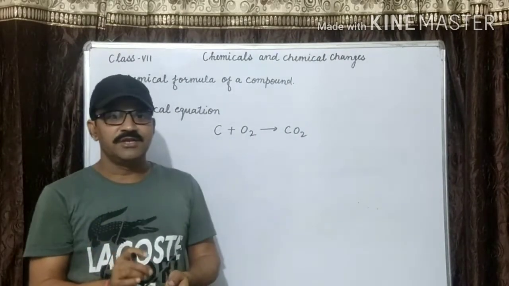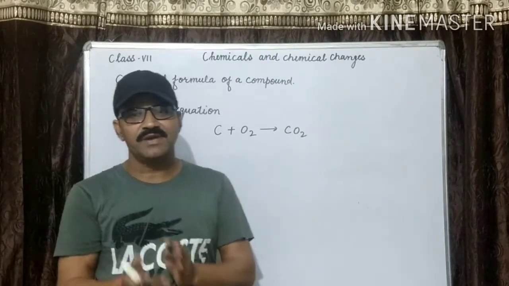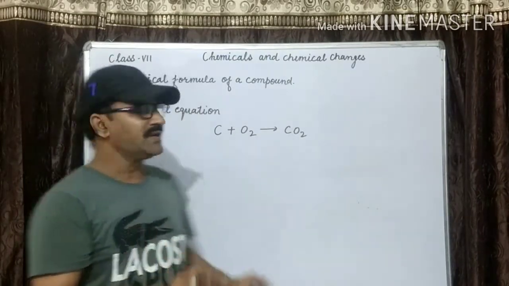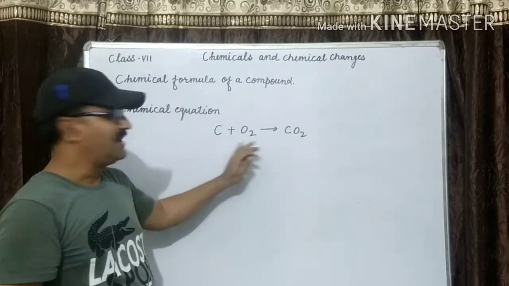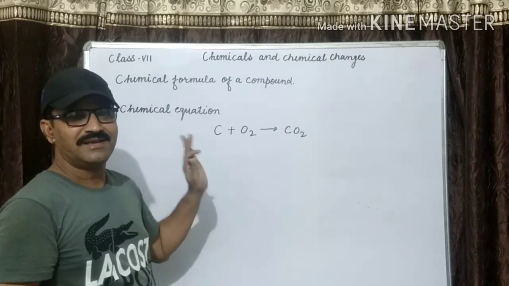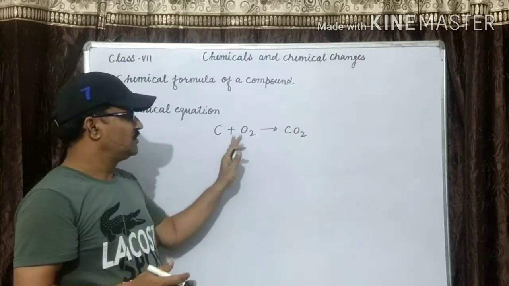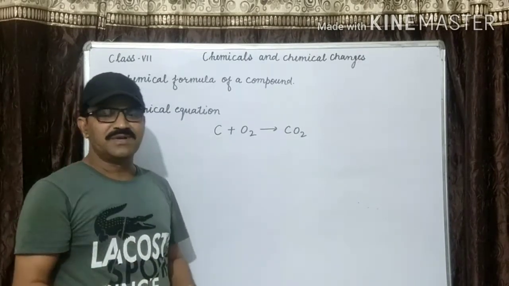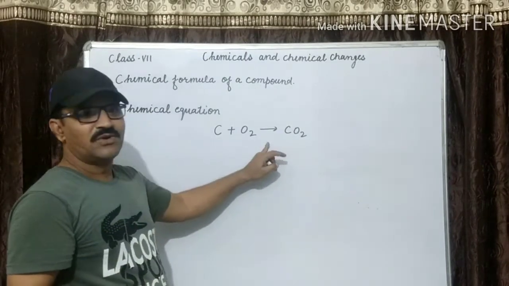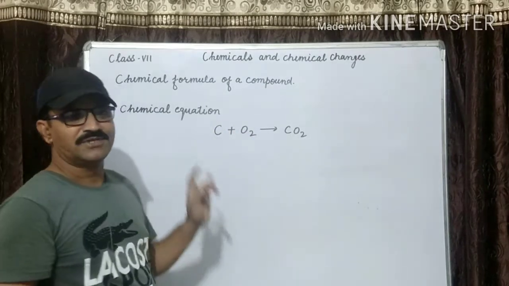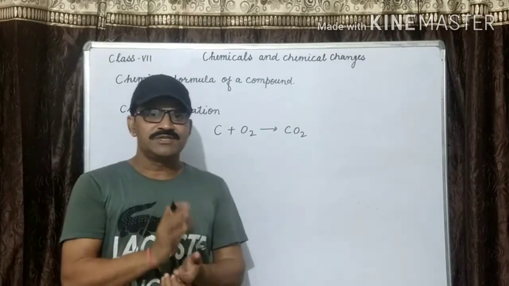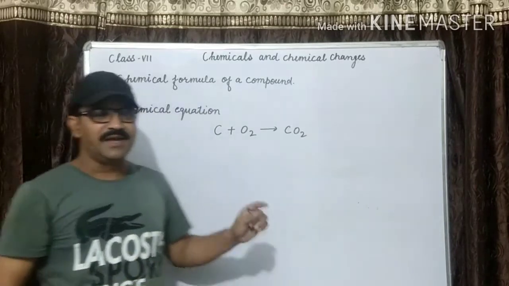A chemical equation is the representation of a chemical reaction using chemical symbols and formulas. Clear? It's called a chemical equation.